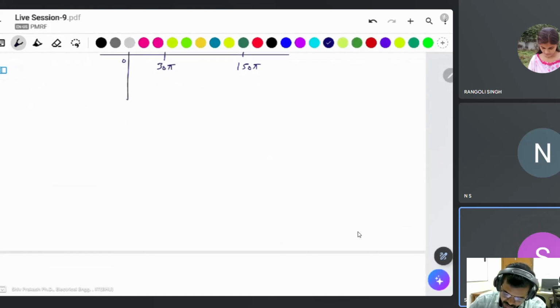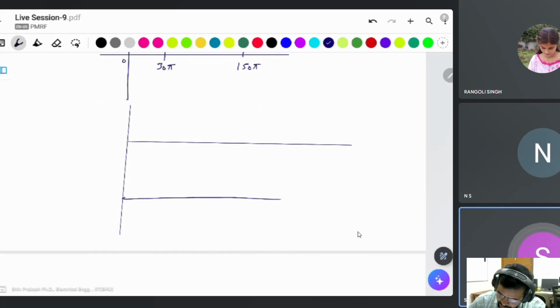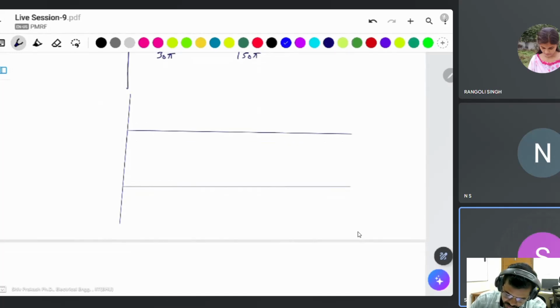You can then take the D_n magnitude plotting also. You can find it from this one or the D_n.